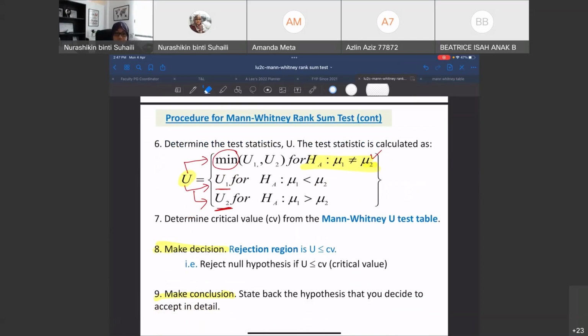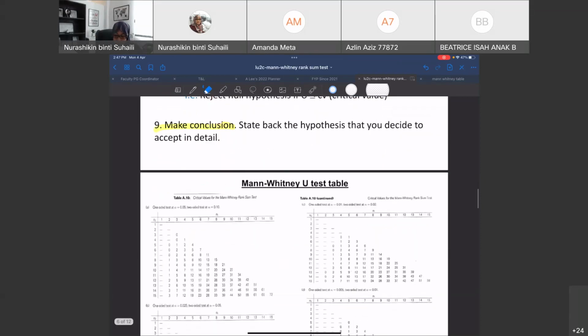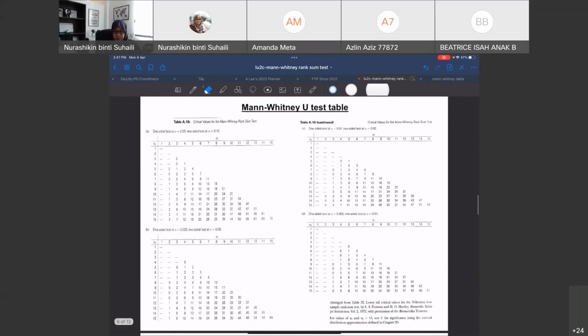The seventh step is to determine the critical value, or CV, from the Mann-Whitney U test table. This test also has its own standard table called the Mann-Whitney table. So how does the Mann-Whitney table look?